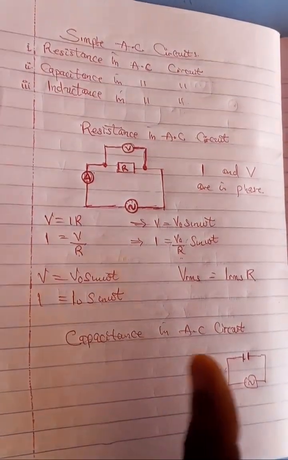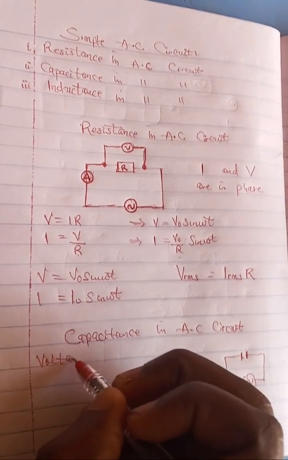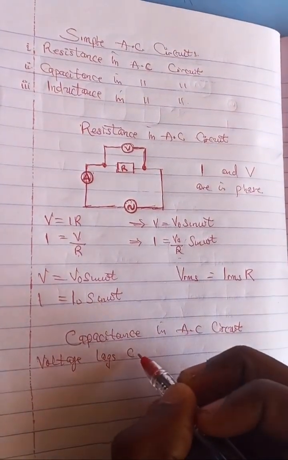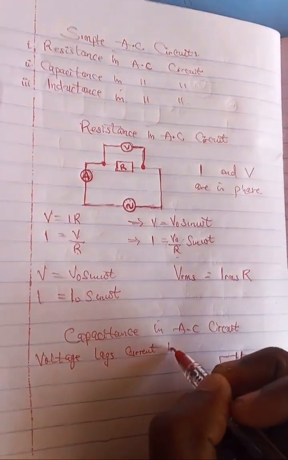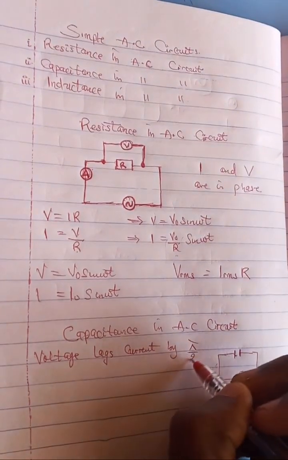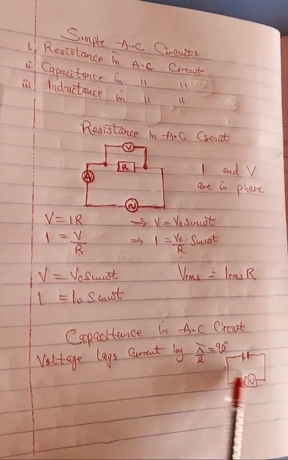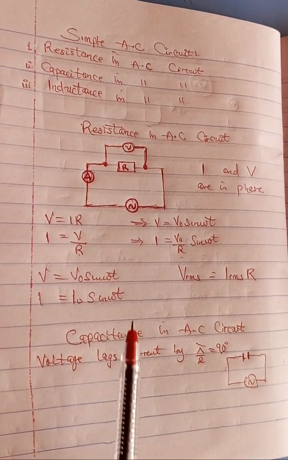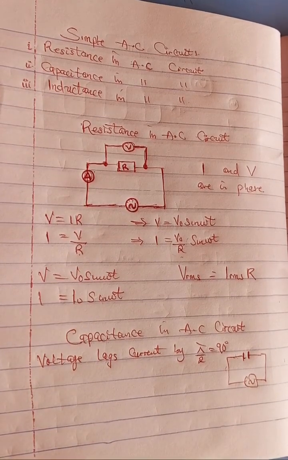That is, for capacitance in an AC circuit, voltage lags current by the angle pi by 2, which is 90 degrees. This is the phase difference between current and voltage in a capacitor in an AC circuit.